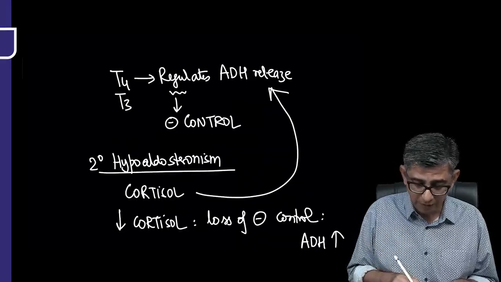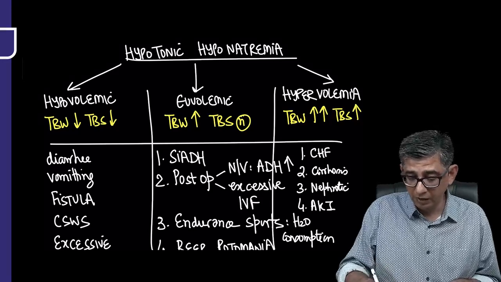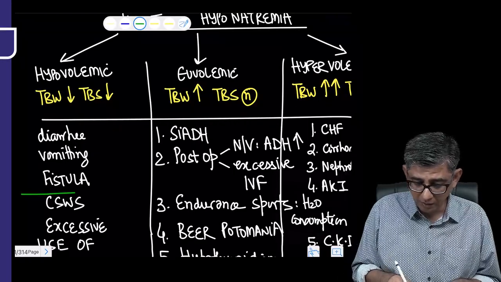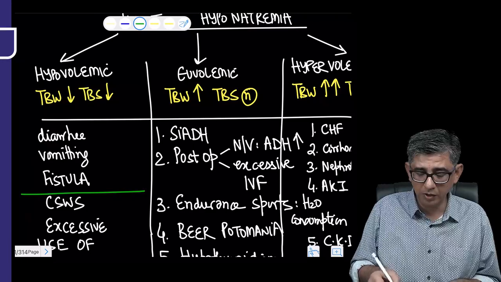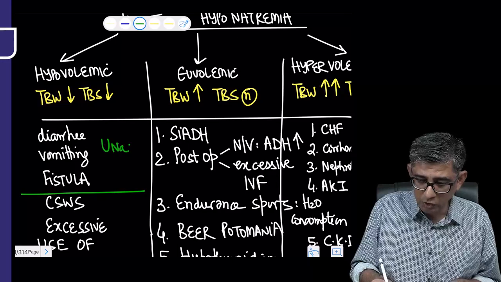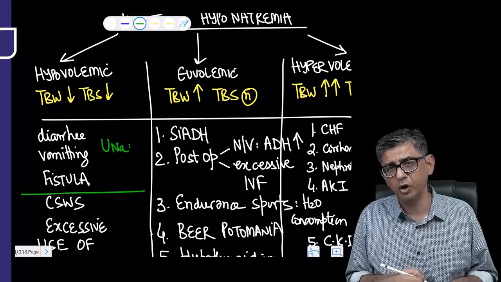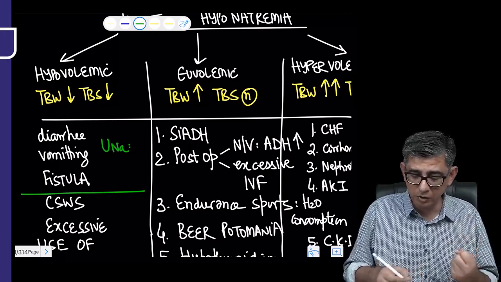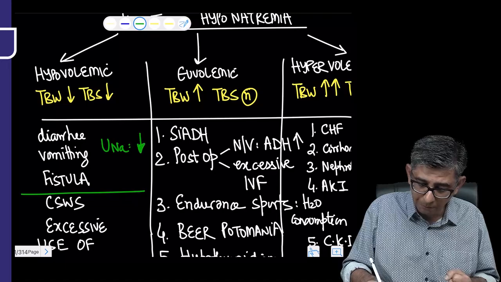An additional fact that I would like to add to this table now is that they can also ask you how you would differentiate between, let us say, a diarrhea or fistula patient versus cerebral salt wasting syndrome. So the test you can do is urinary sodium. In a diarrhea patient, because there is volume depletion, the kidney will try to reabsorb all of the water as well as the sodium, so urinary sodium will be low.